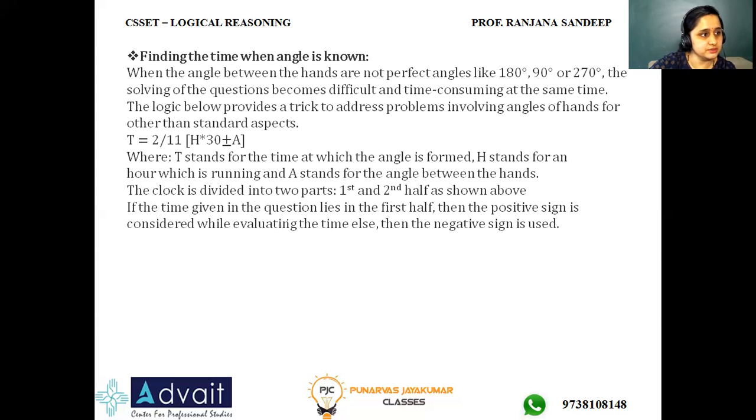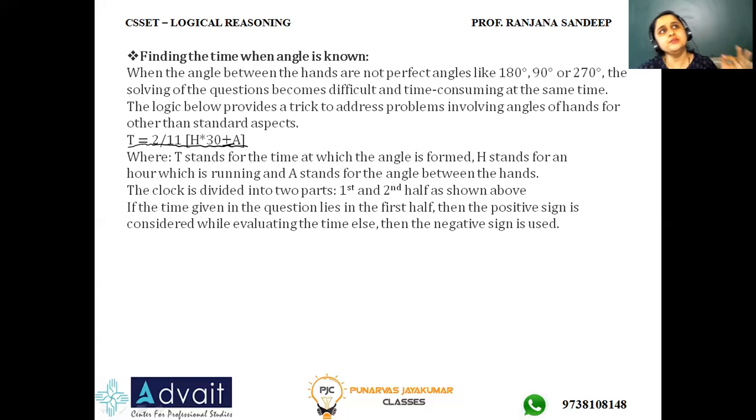Here comes an important formula. Just remember this formula. We are going to use this formula to find the time whenever the angle between the hour hand and minute hand is known and the time duration is given.